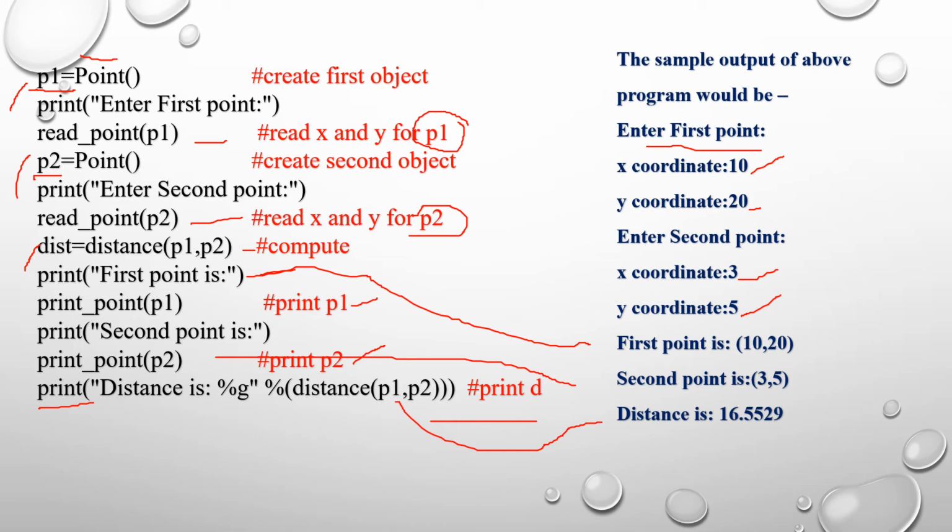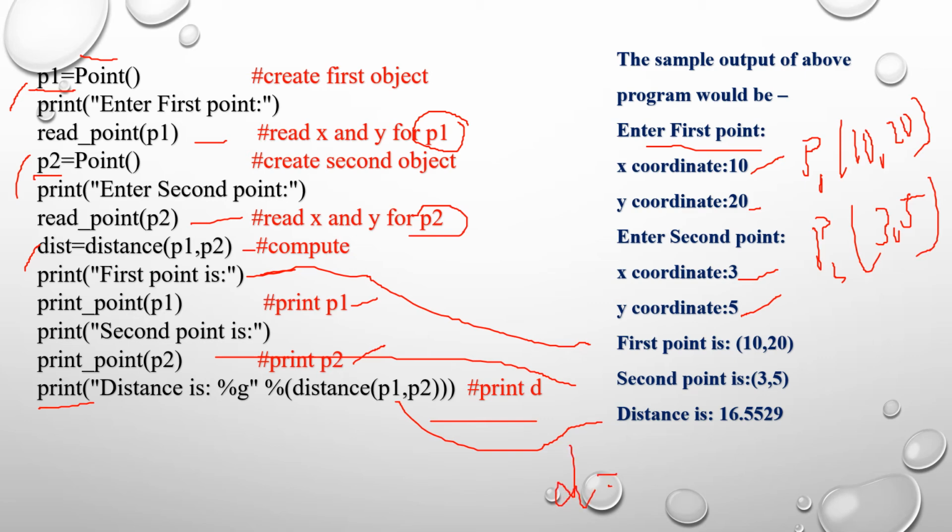So here the p1 values are 10, 20 and the p2 values are 3, 5. So distance d is equal to square root of (x minus x) whole square.